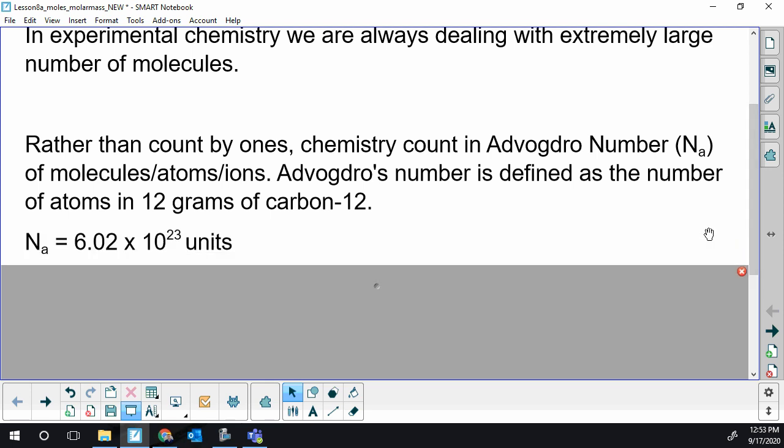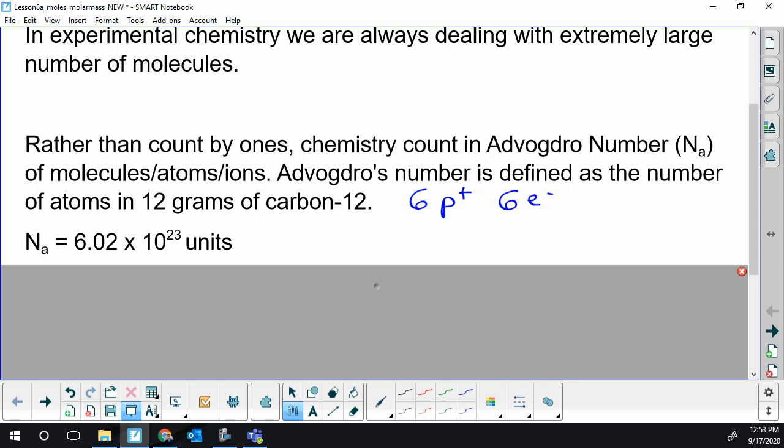And he found out if you have carbon-12, so carbon-12 is the one isotope of carbon that has 6 protons, because carbon always has 6 protons. It's neutral and has 6 electrons.